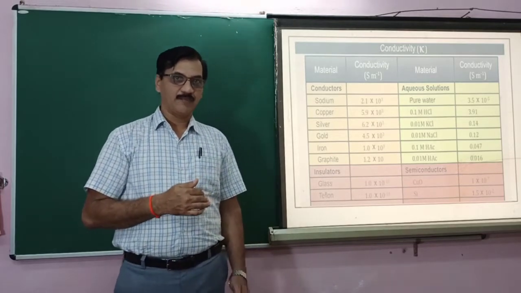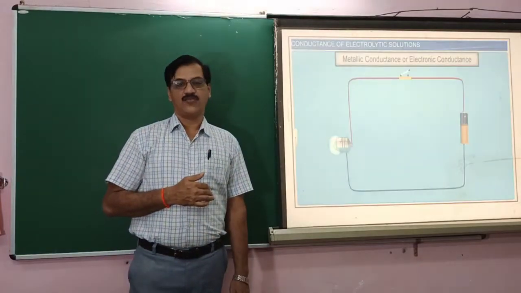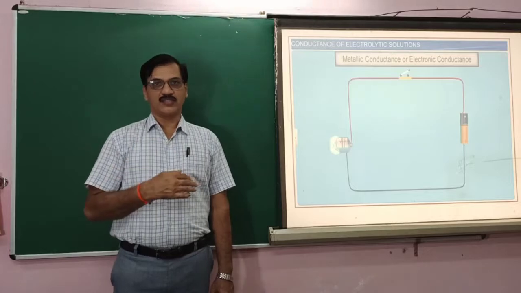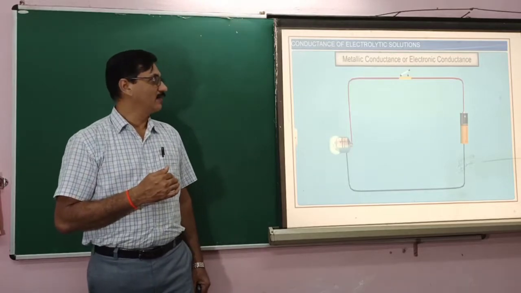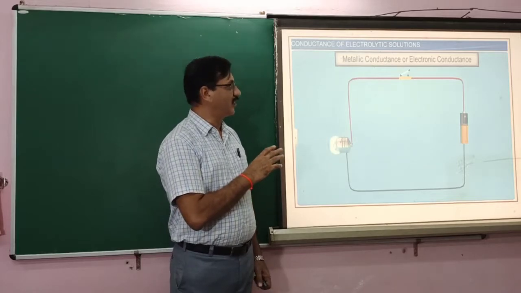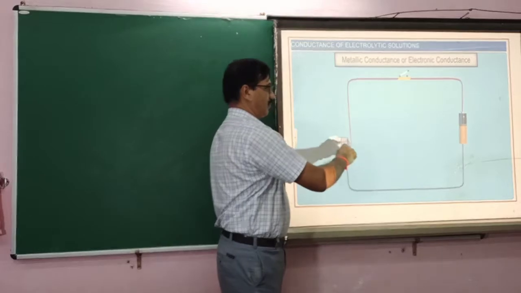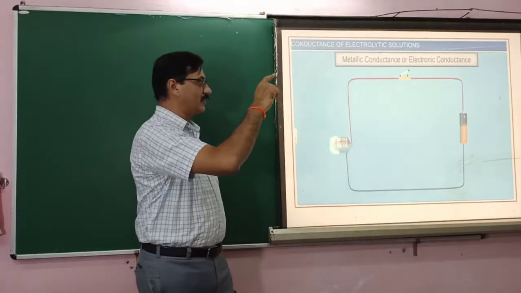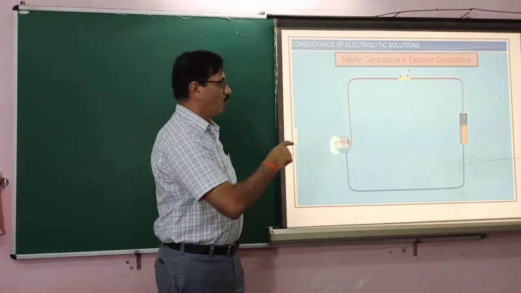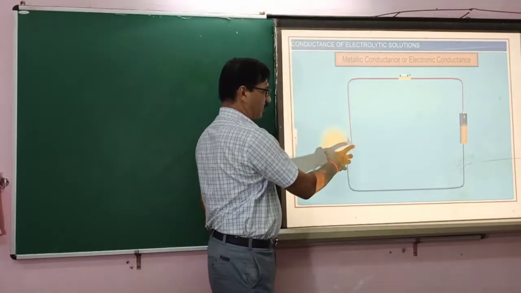Let us try to see the conductivity of solutions, but before that, here is an arrangement to show the conductivity of a metallic wire. A metallic wire is connected to battery. When the battery is connected, this is going to glow.